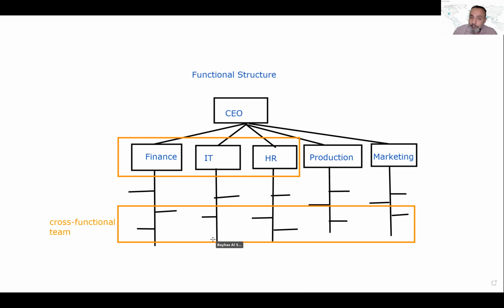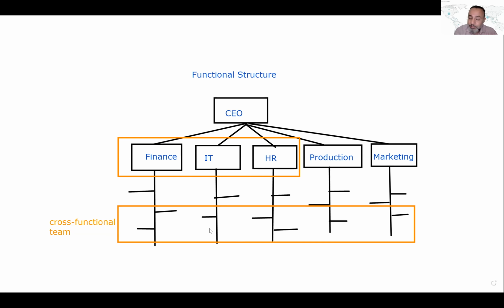You are asking them to do extra tasks, not related to their functional work, right? And of course, their loyalty will be all the time to their functional manager. So they will focus and give the priority all the time to the functional work and to the functional manager, not to the project work, right? Not to the project tasks.